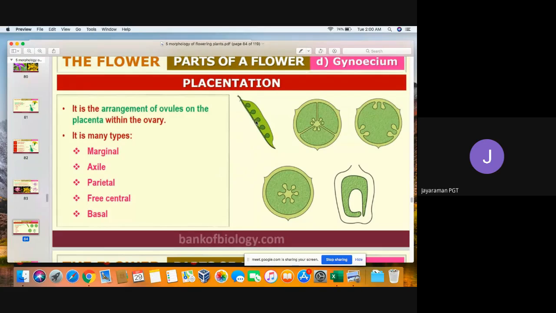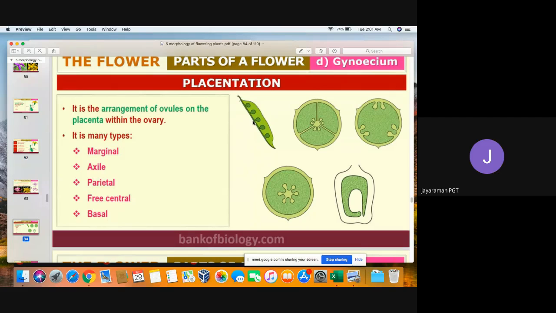When fully mature and dry, it may get detached to go to different places. That's called seed dispersal. But during the developing stage, the ovules are definitely attached to the ovary to get nutrients. That small part is called the placenta.